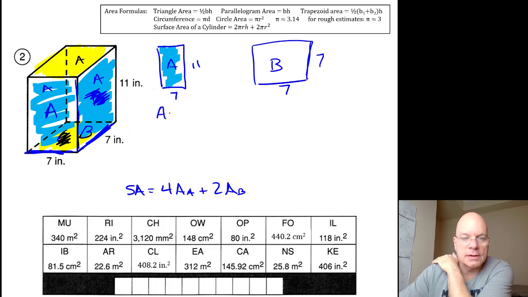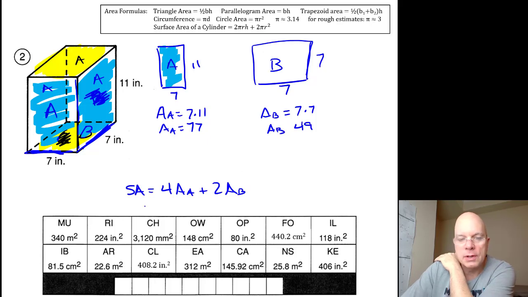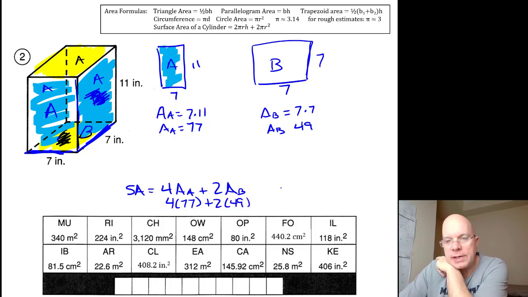The area of A is 7 times 11, or 77, but there are 4 of those. Area face B, 7 times 7, 7 squared is 49. There are 2 of those. So I have 4 77s and 2 49s. 4 77s is 280 and 28, so 308, and 98.